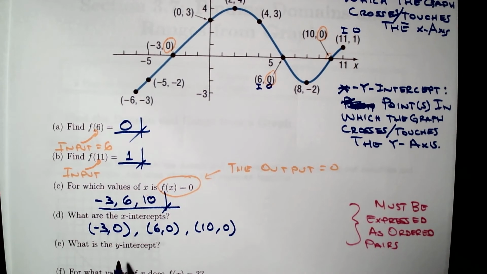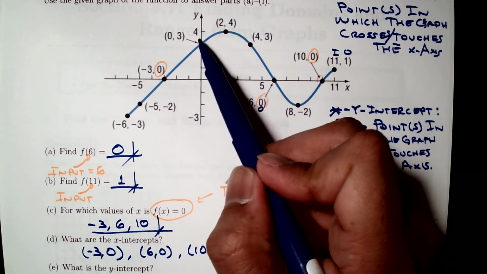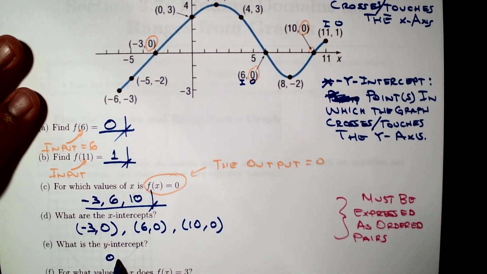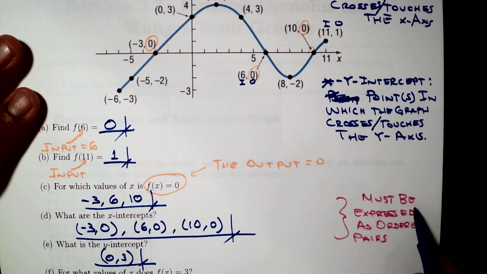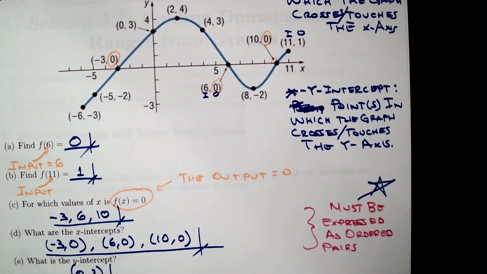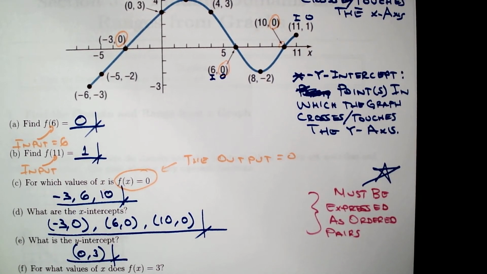The y-intercept is the point in which the graph crosses or touches the y-axis, in this case the point 0, 3. Notice these have to be expressed as ordered pairs, right? That's a rule of thumb. Be careful with that. All right.